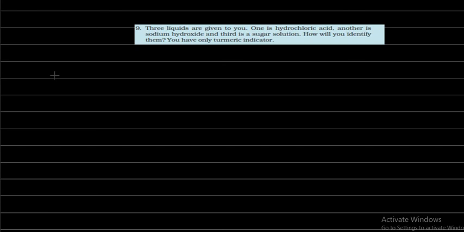Now we have to add hydrochloric acid to the turmeric indicator. What happens?